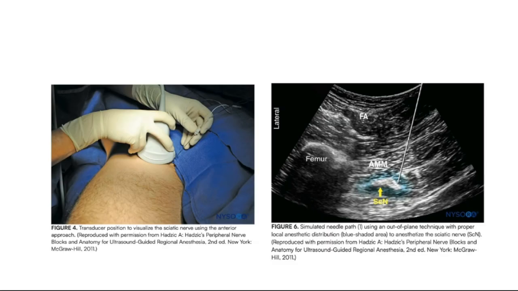You may or may not see the adductor brevis. So you see the adductor longus, adductor magnus, and then deep to the adductor magnus will be the hamstring. And if you scroll proximal and distal, you may be able to identify either a triangle or a flat-ish structure that will be identified as the sciatic nerve.